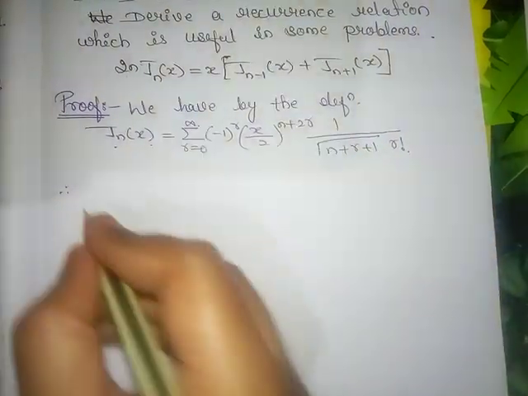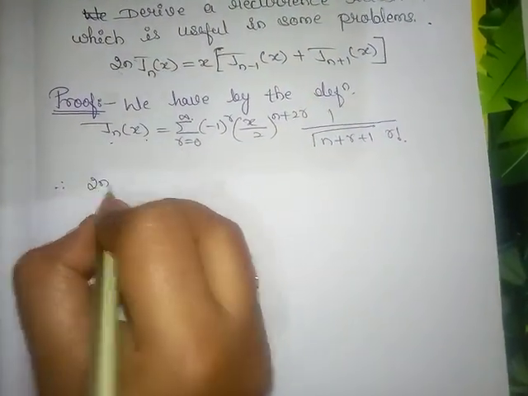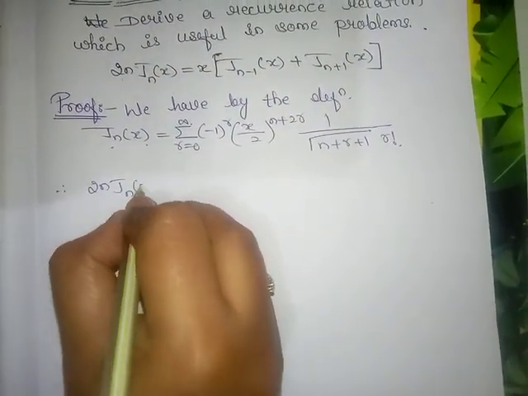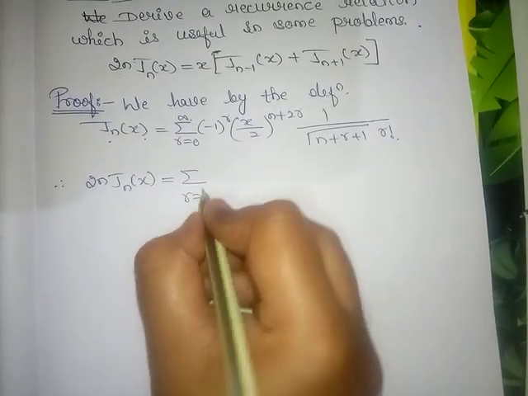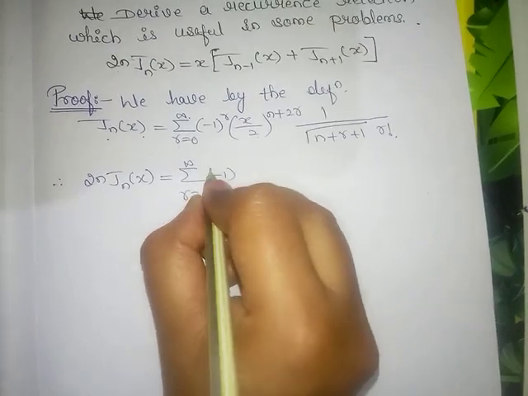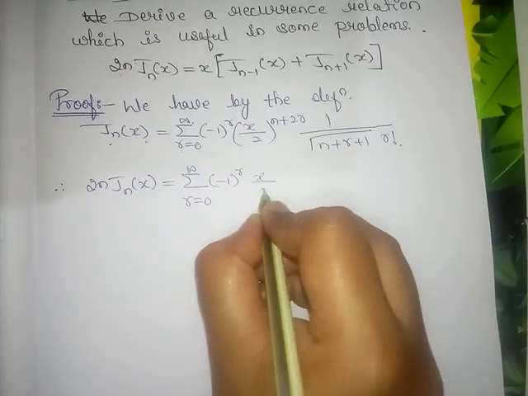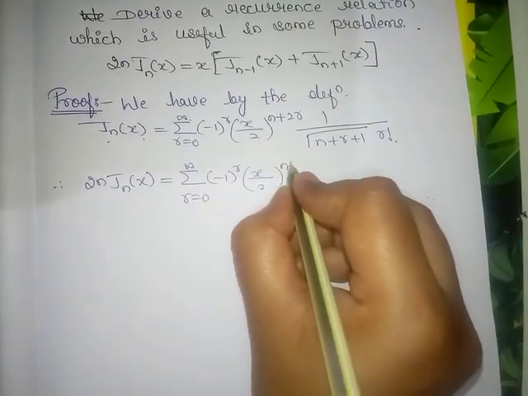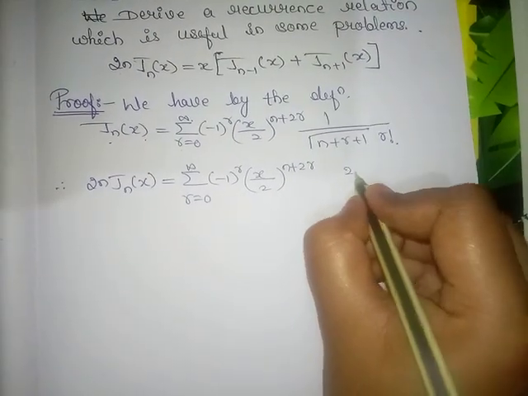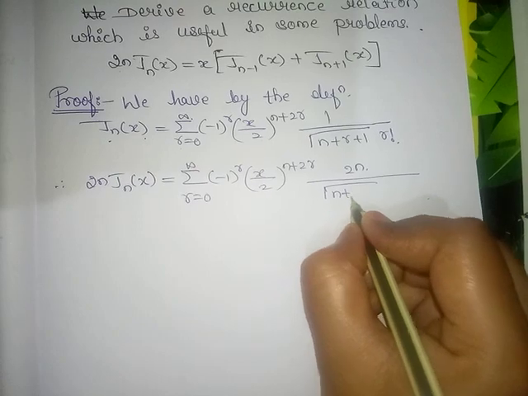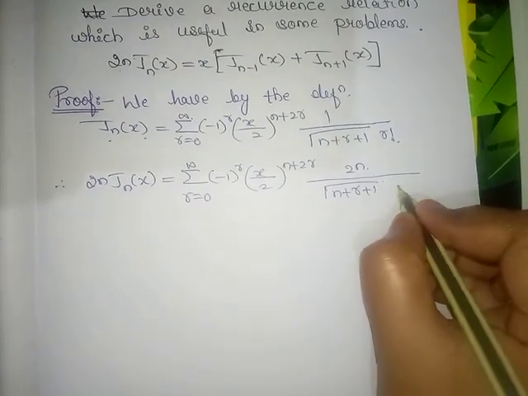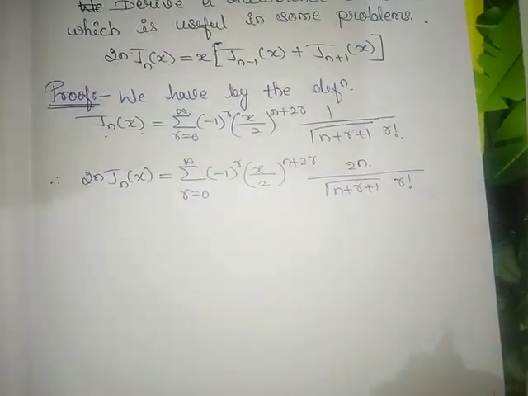We have 2n into Jn of x is equal to summation r running from 0 to infinity of minus 1 raised to r, x by 2 raised to n plus 2r. Since all are in multiples, I will write that 2n here, into r factorial.